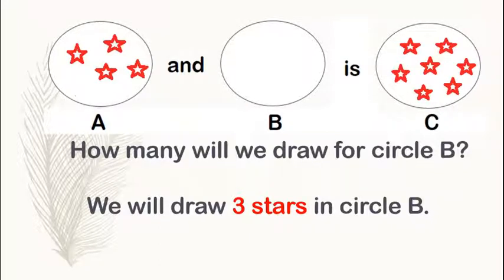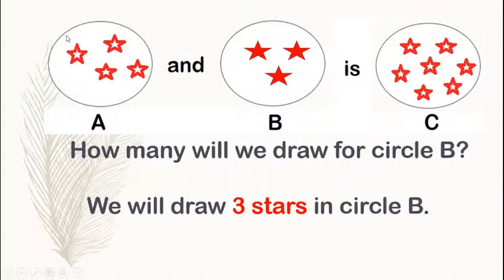If you start counting at letter A, we have 4 stars. So we'll continue until we stop at 7. 4, 5, 6, 7. So how many have we counted? It's 3. So we need to draw 3 stars in circle B. 1, 2, 3.